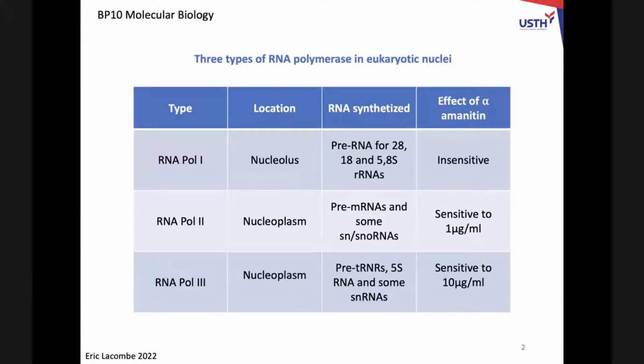But there are, and we will see that on Tuesday, some RNA polymerases that are RNA-dependent, which means this is a complex of enzymes that are able to synthesize RNA, but not reading DNA, reading RNA.